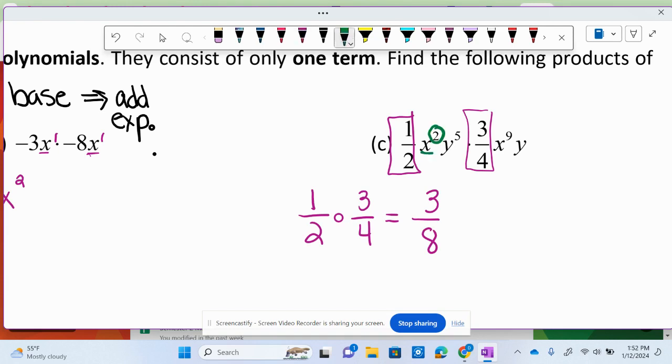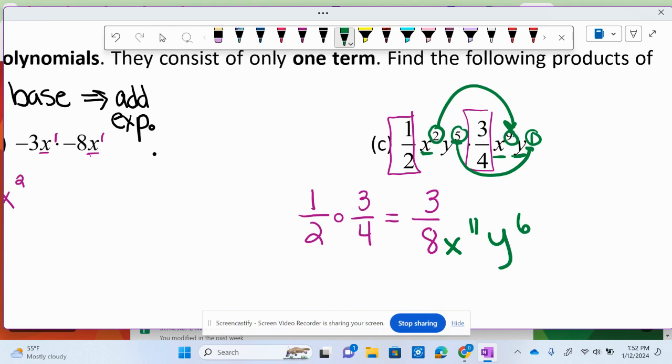I'm going to take these bases of x and I'm going to add these two exponents together. So it's going to be x to the 11th. And I'm going to take the bases of my y and I'm going to add those exponents together. Y to the 6. 5 plus 1 is 6. Do we remember how to do that? You feel good about that?